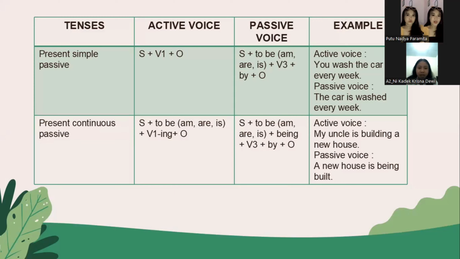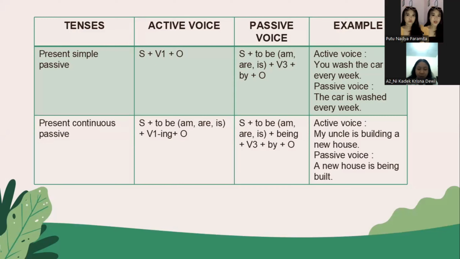Okay, number 1 is present simple passive. Passive sentences emphasize the object and place the subject as the recipient of the action. In the present simple passive sentence, the verb is used in the past participle form. For active voice, the pattern is subject plus verb 1 plus object.